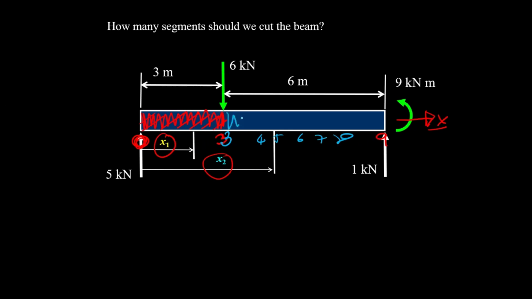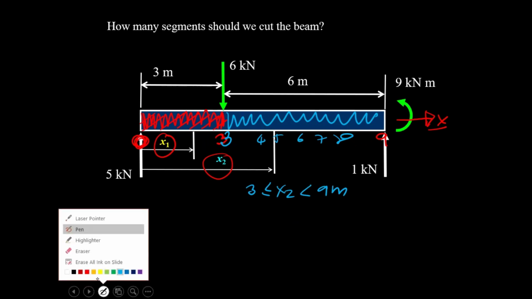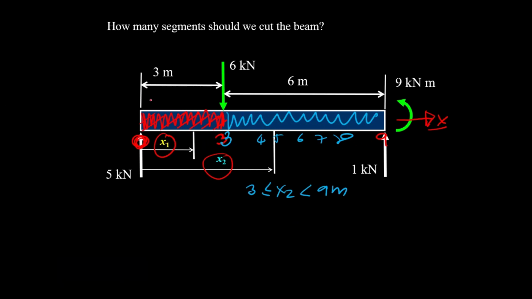That means this portion is for x2, and then 3 less than or equal to x2, x2 less than 9 meter. Okay, and then for x1, 0 less than or equal to x1, x1 less than 3 meter. These are very important.